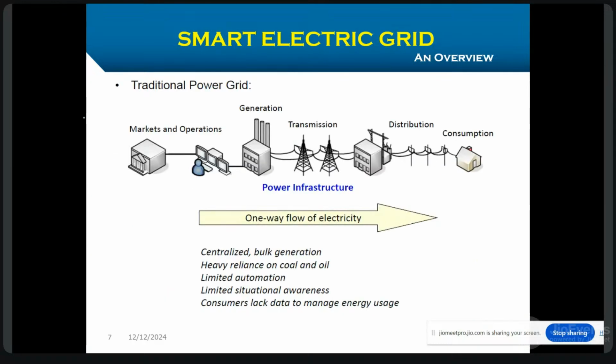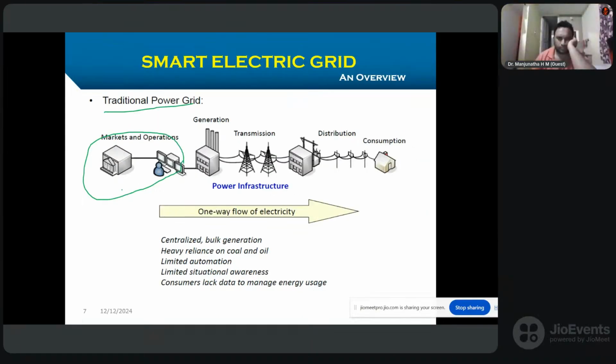as I said, in the traditional power grid we go for market operations, basically economic dispatch, or the optimal dispatch. How much generation we should get from different generating plants or units is decided. What is to be connected, what is to be disconnected, and what is the price, everything is decided here.